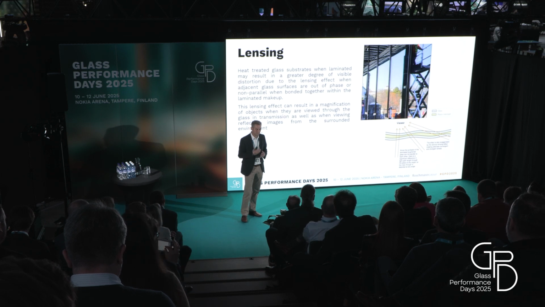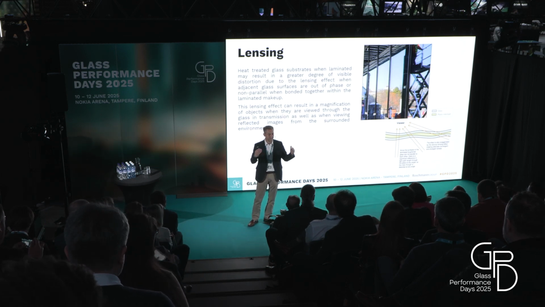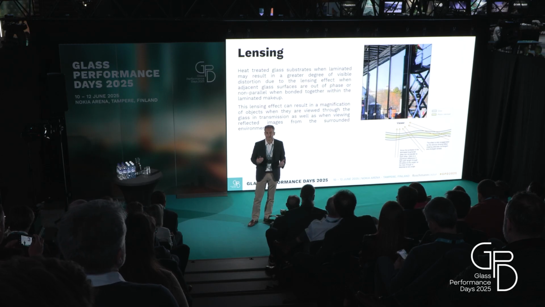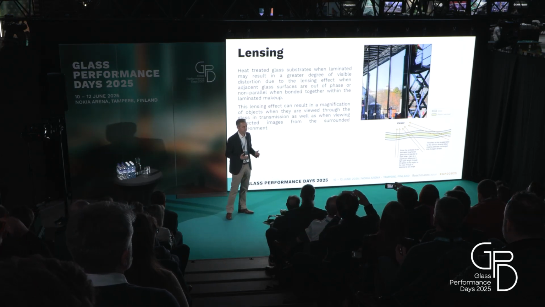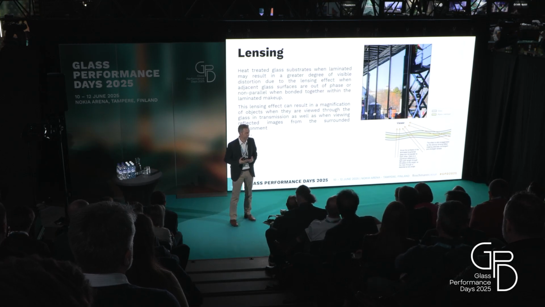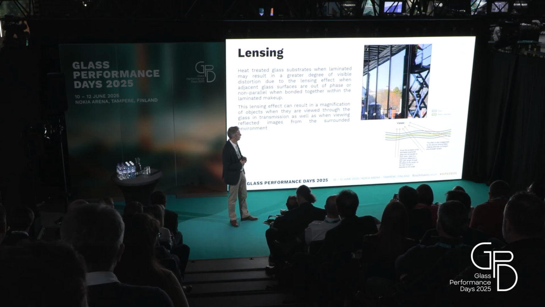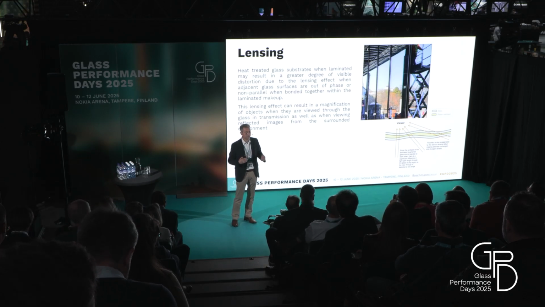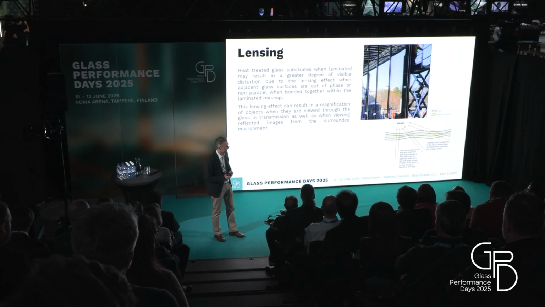And many times people are asking, well, what is this optical distortion? They see it on that glass, they think it is just a roller wave, but it's not. Lensing is basically the interaction and superimposition of the roller waves through a kind of intermedium of bond, like the lamination interlayer.